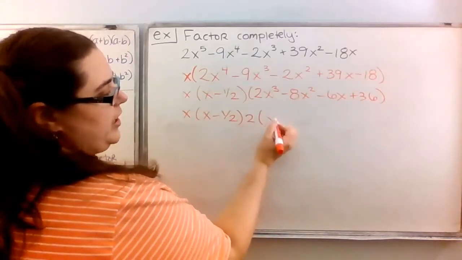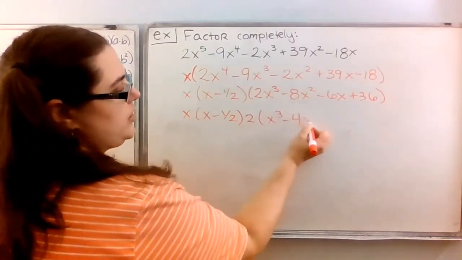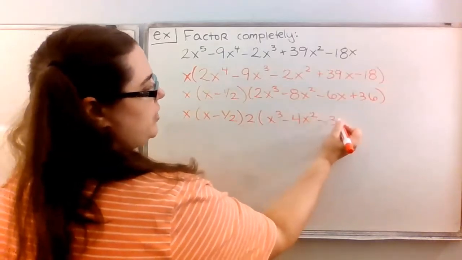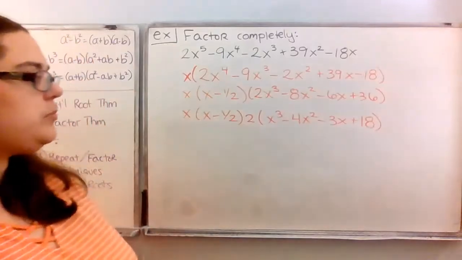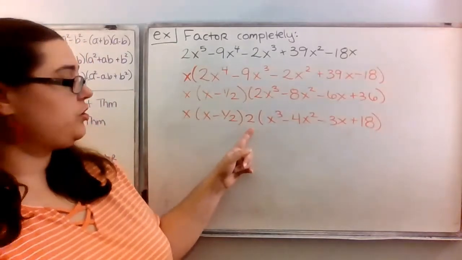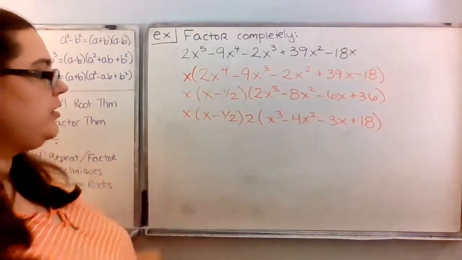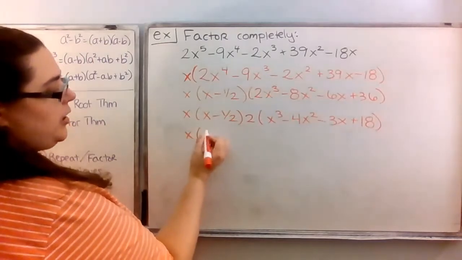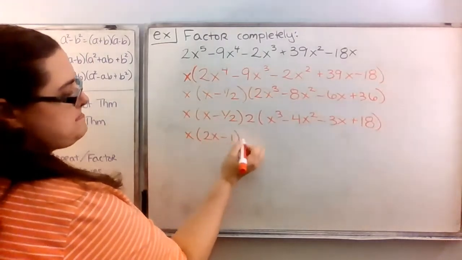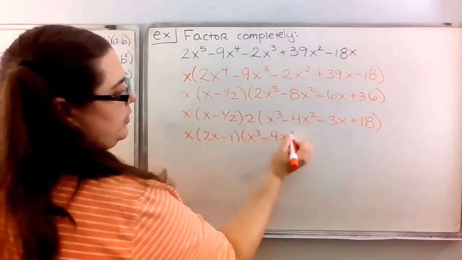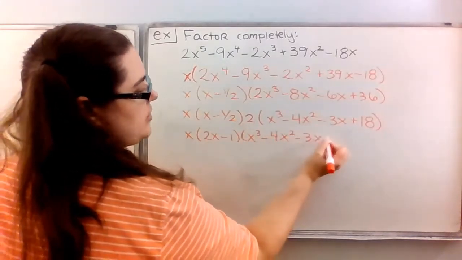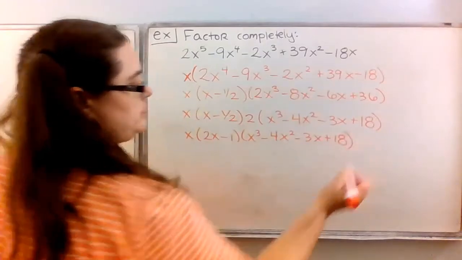So that'll give me x cubed minus 4x squared minus 3x plus 18. Then I'm going to distribute this 2 into this factor here. So that will give me x times 2x minus 1, and then x cubed minus 4x squared minus 3x plus 18.